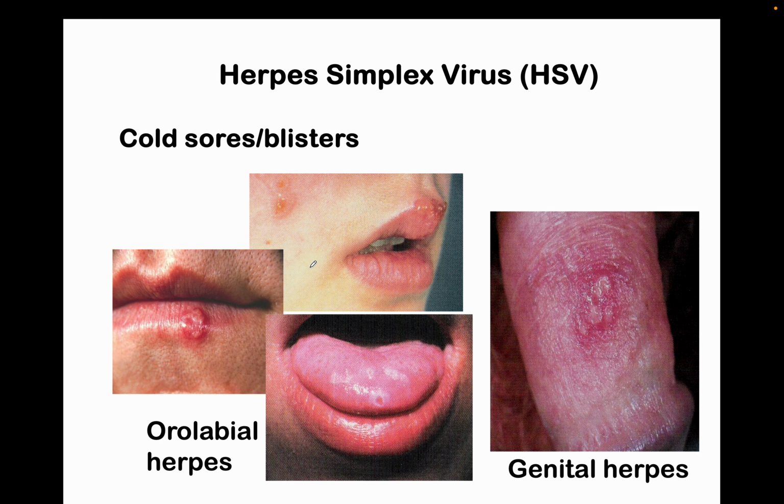For orolabial herpes, these are called cold sores. For genital herpes, bumps, blisters, and open sores on the genitalia or the anus are common symptoms. For treatment of HSV, drugs are often used to treat recurrent or symptomatic cases.